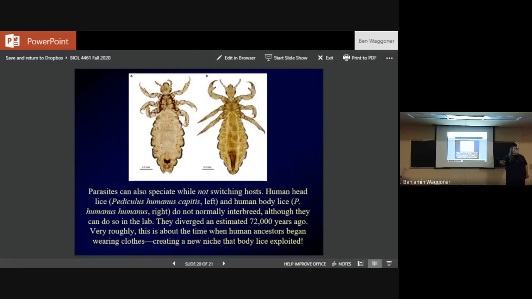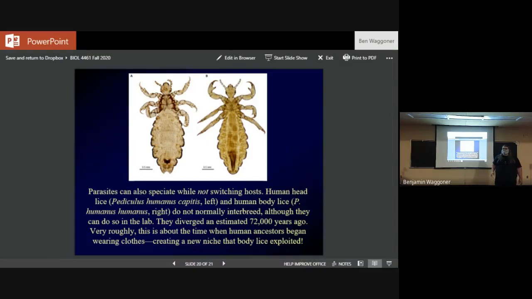Presumably not in yours because you all do laundry, but in many human populations you'll get body lice in your clothing and head lice on your head. They split an estimated 72,000 years ago. We've estimated that from looking at their DNA, and very roughly that's about the time when human ancestors started wearing clothes.